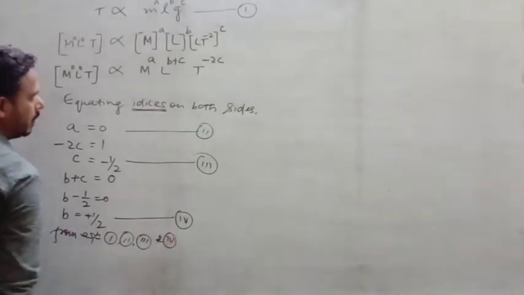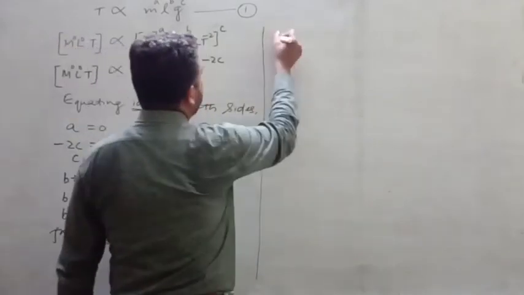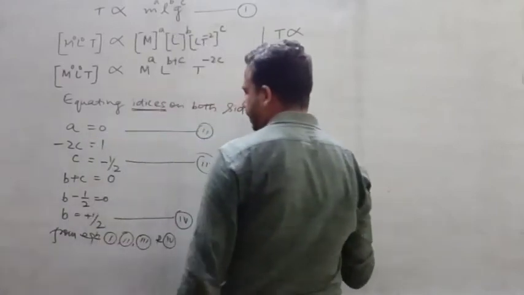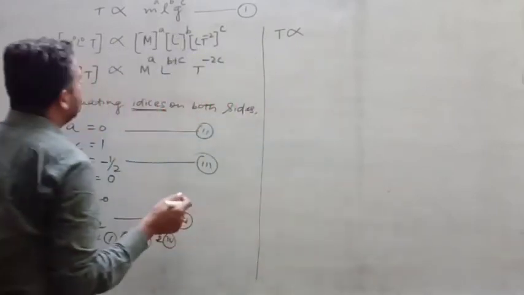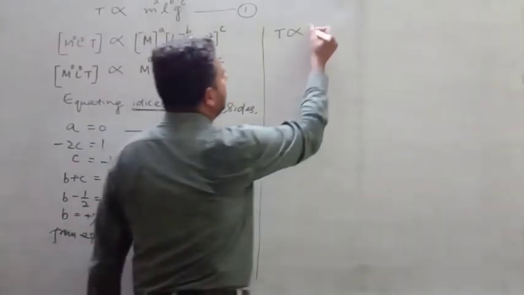So what you will get from here is that T is proportional to m to the power a, so m to the power 0.